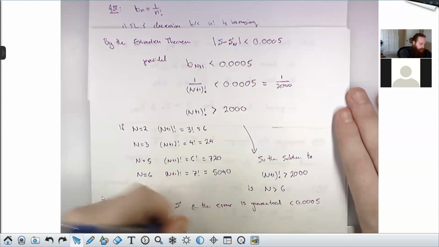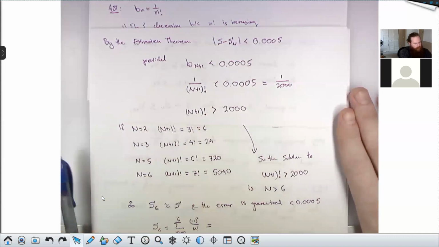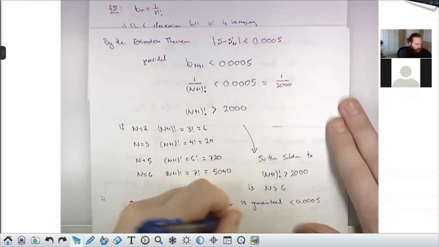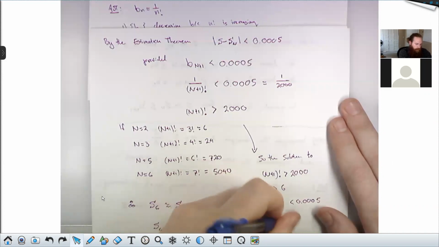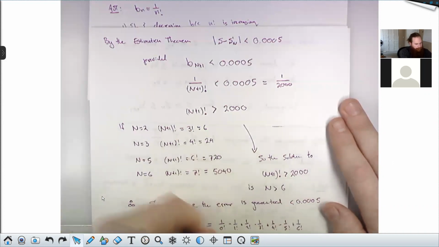It's the sum from 0 to 6 of (-1)^n over n factorial. Again, I will use Wolfram here, but this is 1 over 0 factorial minus 1 over 1 factorial plus 1 over 2 factorial minus 1 over 3 factorial plus 1 over 4 factorial minus 1 over 5 factorial plus 1 over 6 factorial.